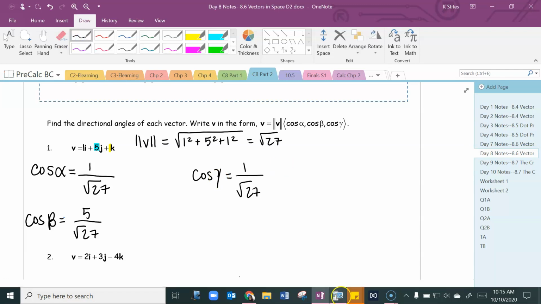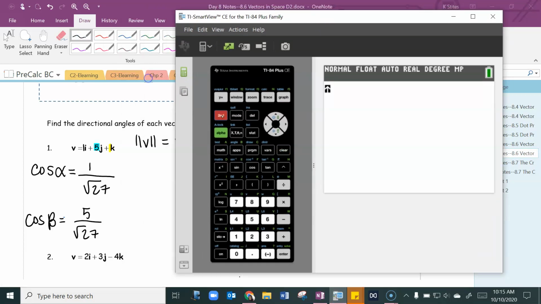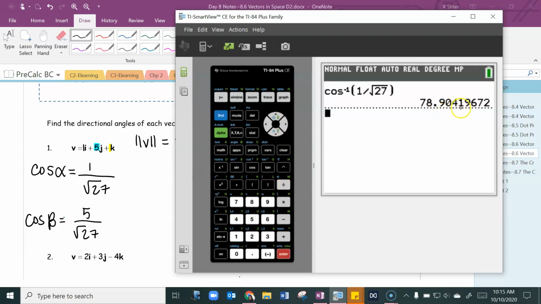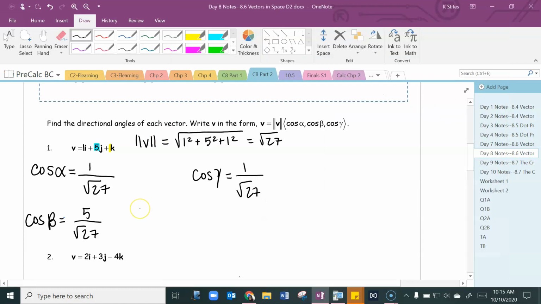Now we're just going to type this into our calculator using inverse cosine of 1 over root 27. And so our angle is 78.904 degrees. That is what alpha is and what gamma is.